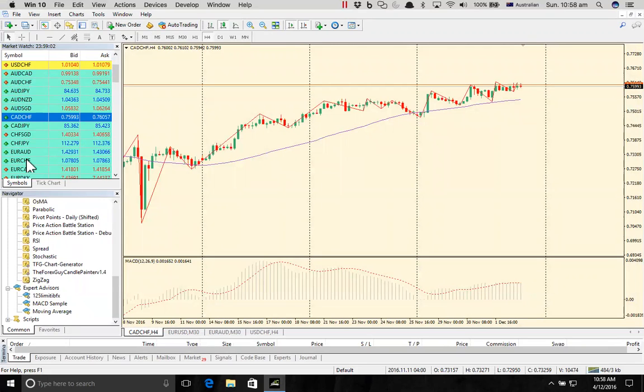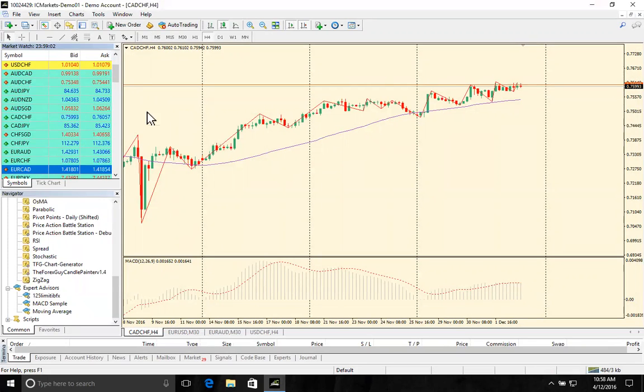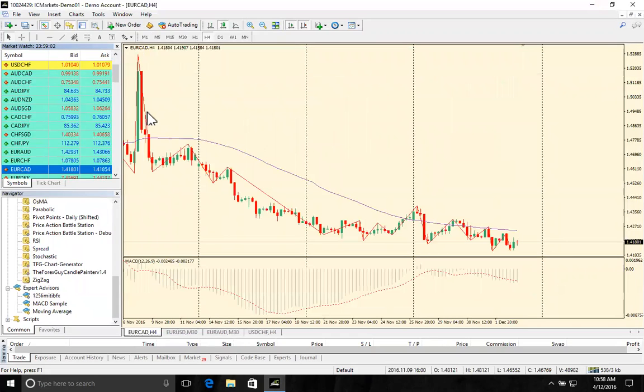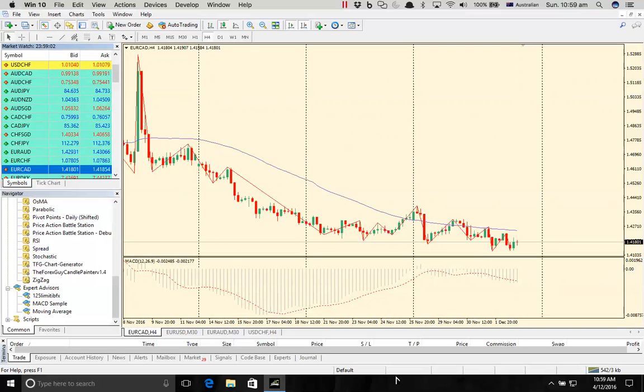Now, Euro Canadian dollar. What's happening? Sideways.